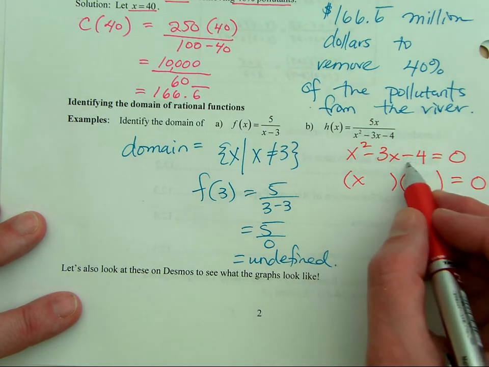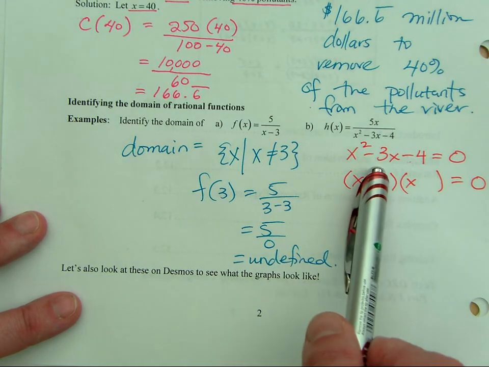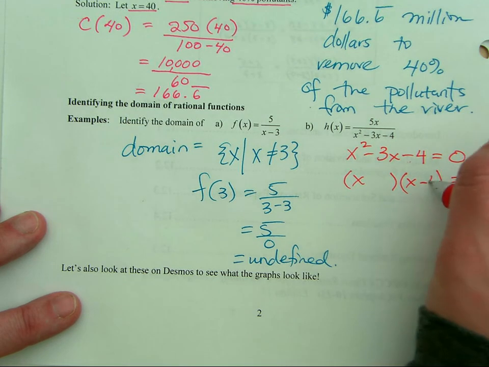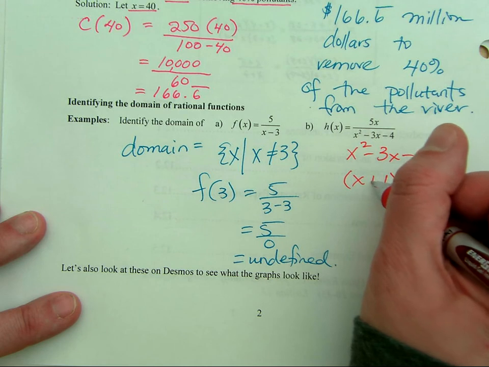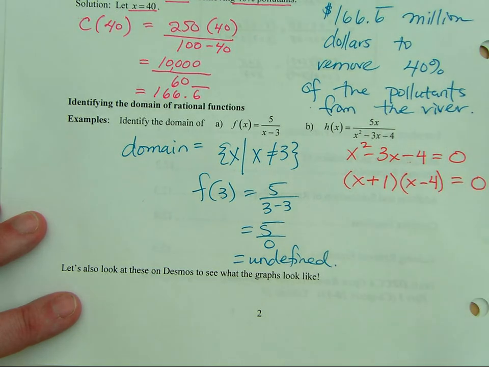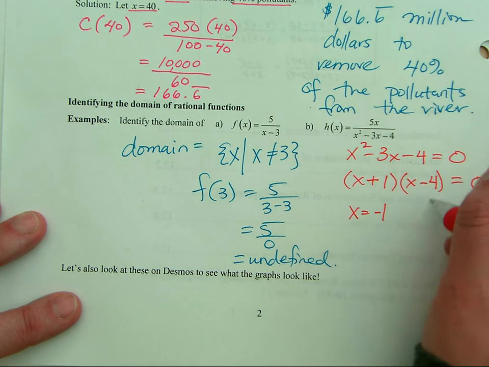So what two numbers multiply to negative 4 and add to negative 3? Negative 4, and what should the sign on the 1 be? Positive. Does that work out if you were to FOIL it? Now, we haven't solved it yet, have we? So what values of x could I have? x would be negative 1 and positive 4.